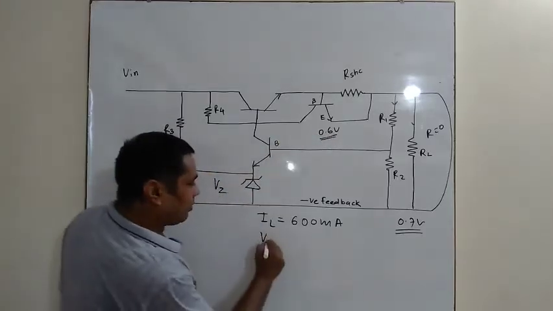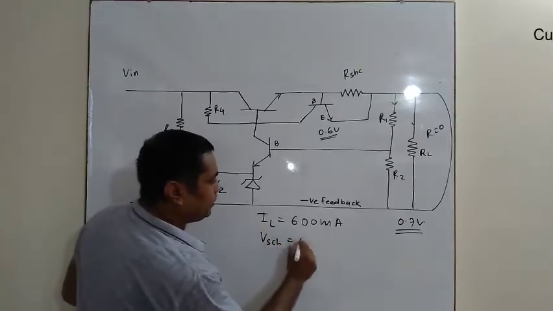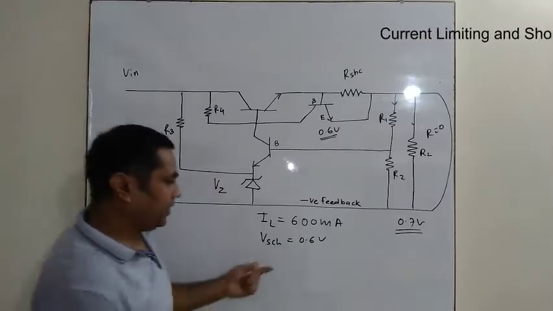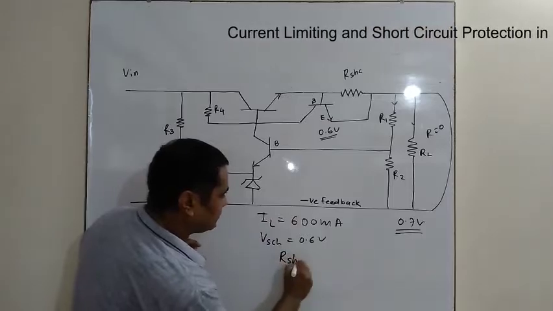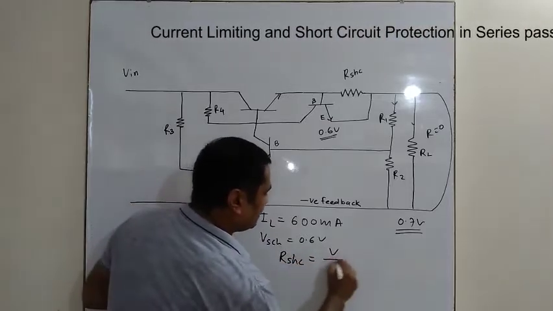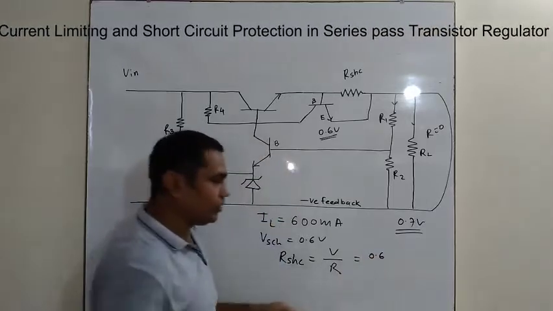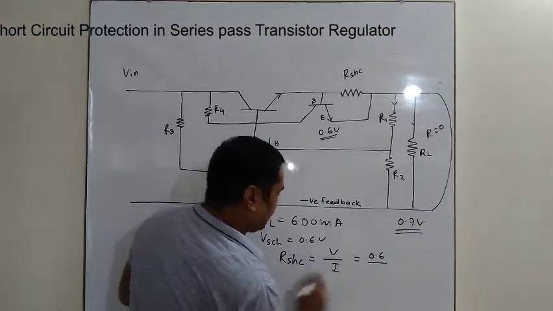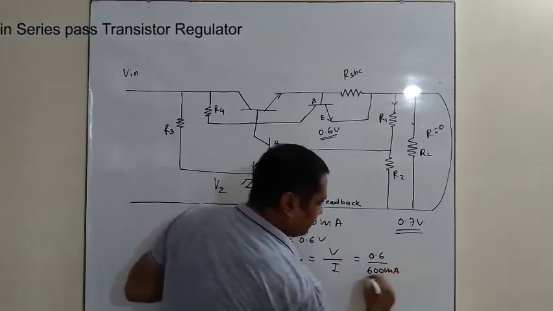So the voltage across the resistor should be 0.6 volt. Now using Ohm's law, we can calculate the resistor. The voltage is known, we want 0.6 volt, and the current is known, that means it should be 600 milliampere.